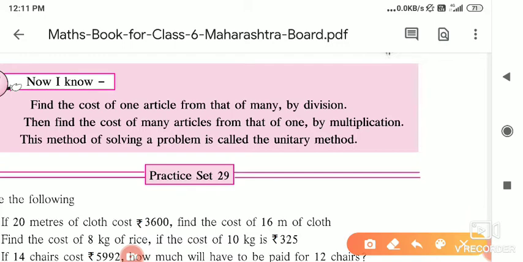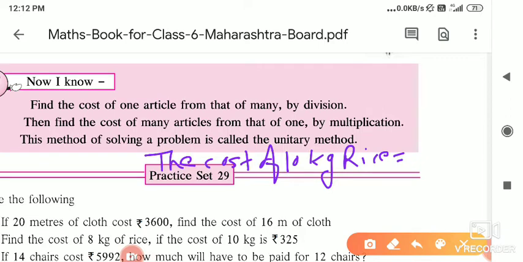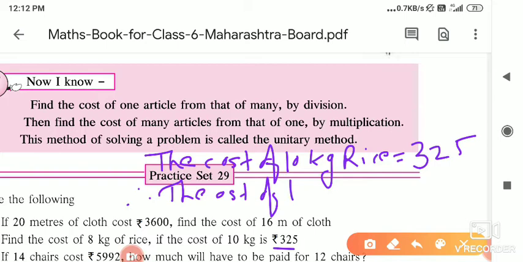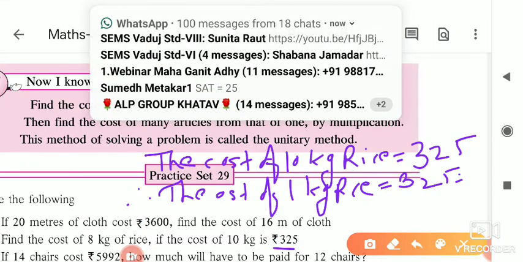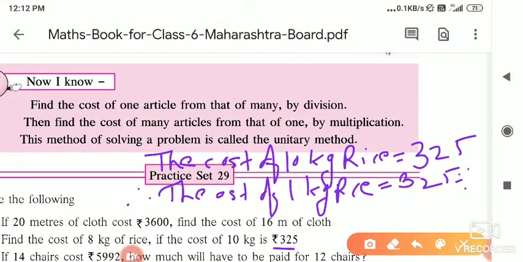So here we will write the cost of 8 kg rice. We have to find out, the cost of 10 kg rice is 325. Then write, therefore the cost of 1 kg rice is equal to 325 divided by 10.